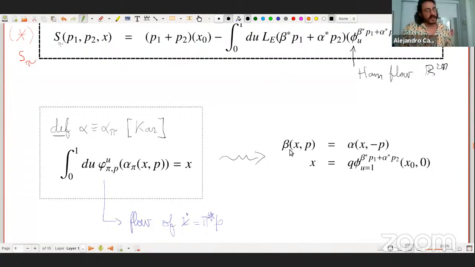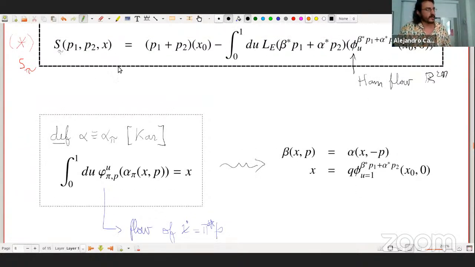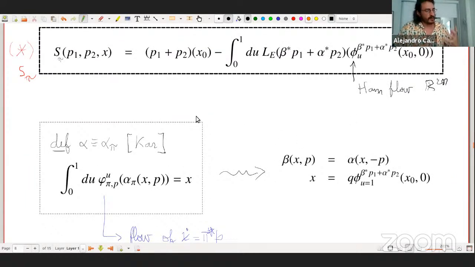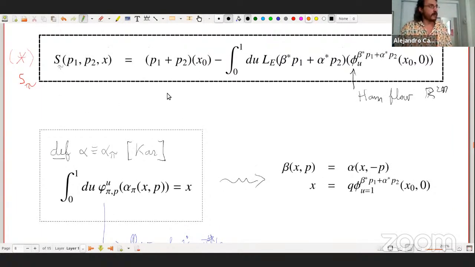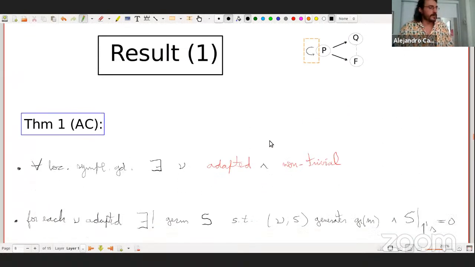The beta map, which is the target, is just flipping the sign of the P. This happens because the inversion is actually given by multiplying by -1, as happens in the Baker-Campbell-Hausdorff local structure. And there is another flow here that relates the X and the X0 that appears here. So altogether, this is a system of concrete equations that define implicitly this function S. If you restrict to the particular cases that I mentioned before, constant and linear, you recover these two formulas, but it also works for an arbitrary Poisson structure.